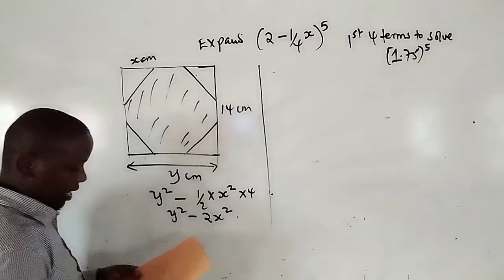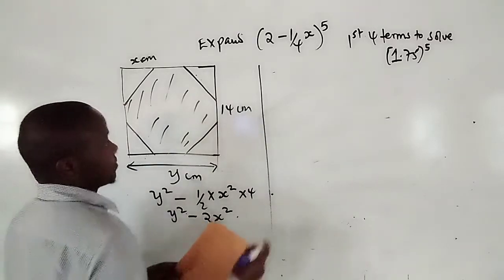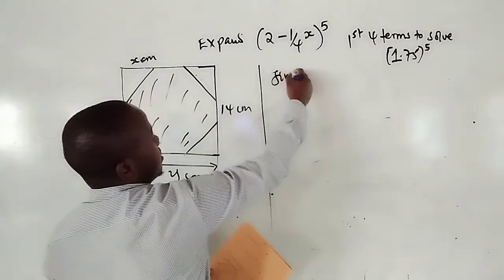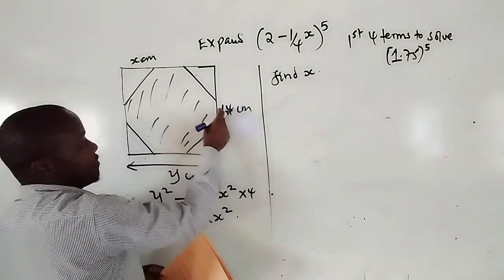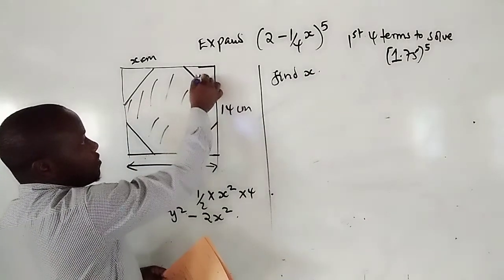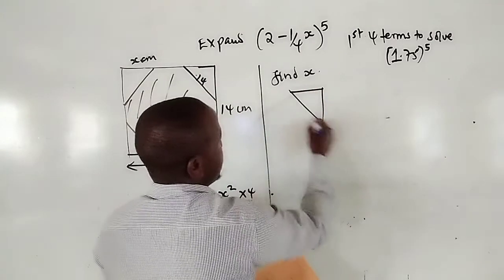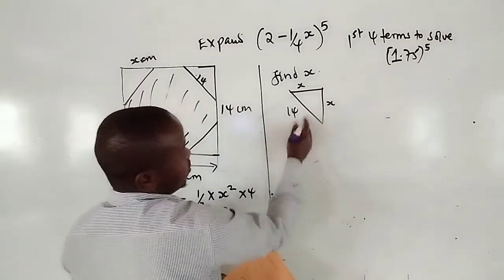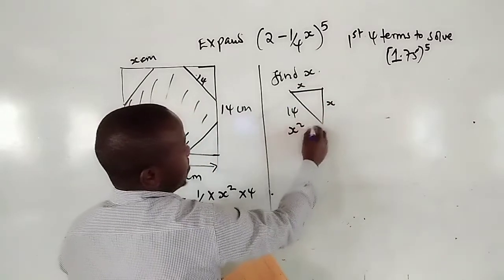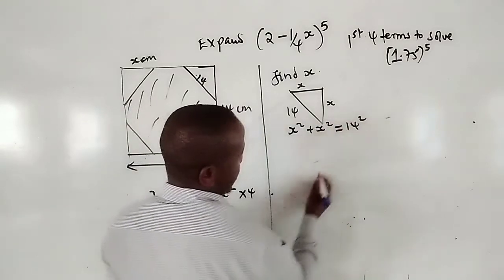Then again, we are finding the value of x. To find x, because this is 14 and the octagon is uniform, it means this is also 14. Therefore, we can have this triangle with 14 and x, meaning that we can take x squared plus x squared to be equal to 14 squared.